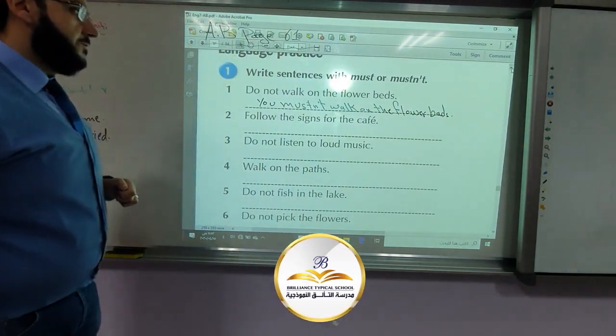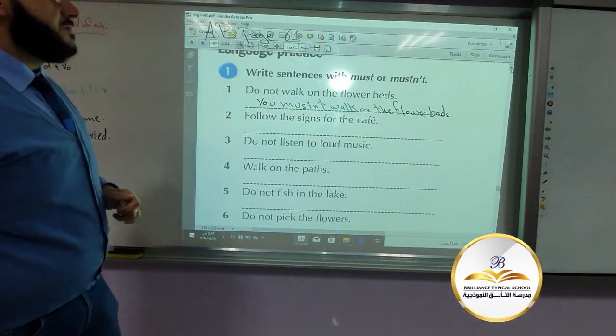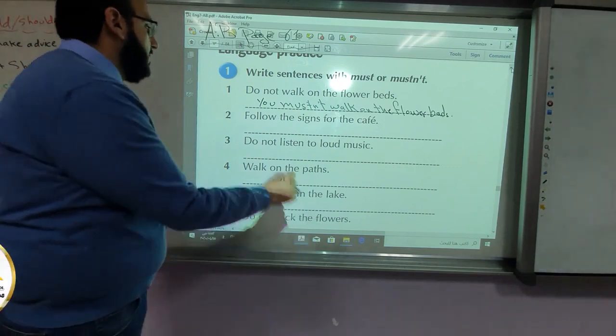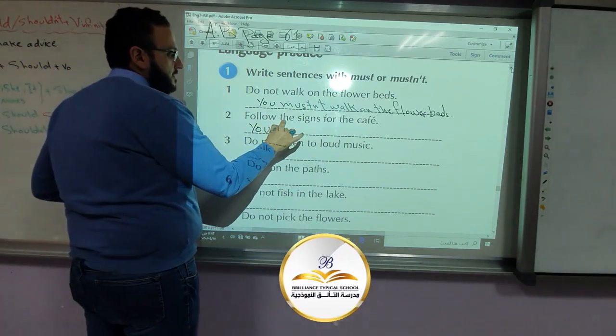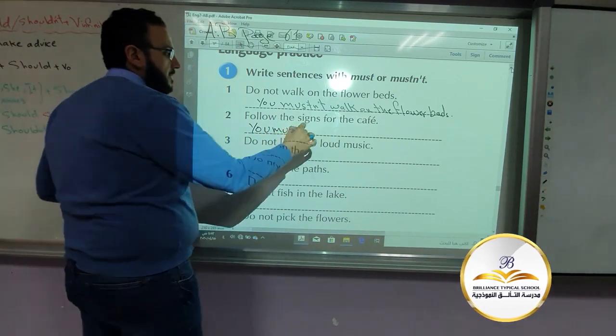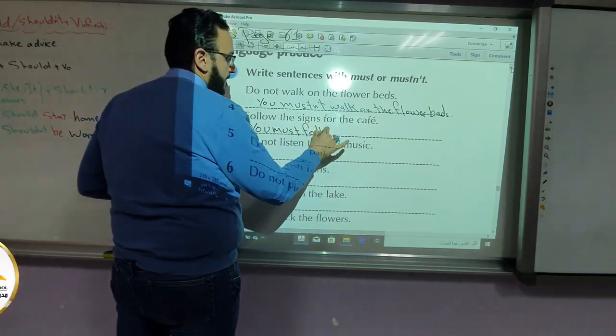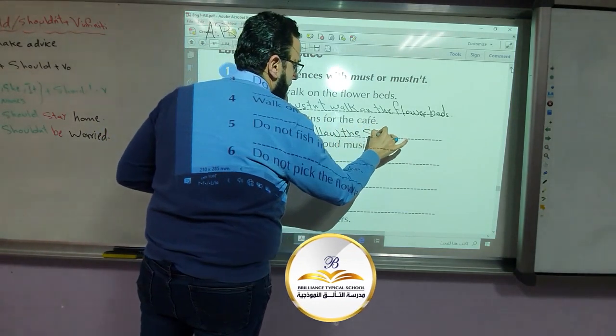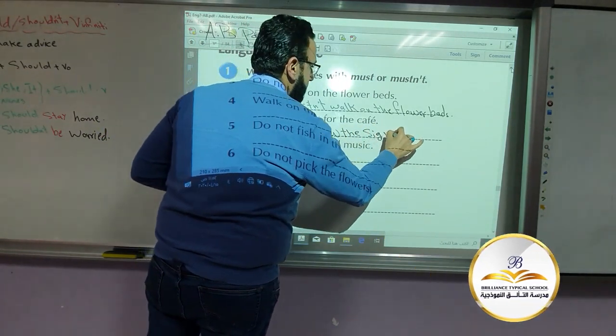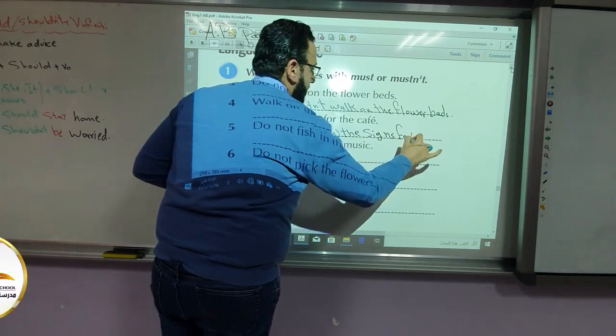Okay. 2. Follow the signs for the cafe. You must follow the signs for the cafe.